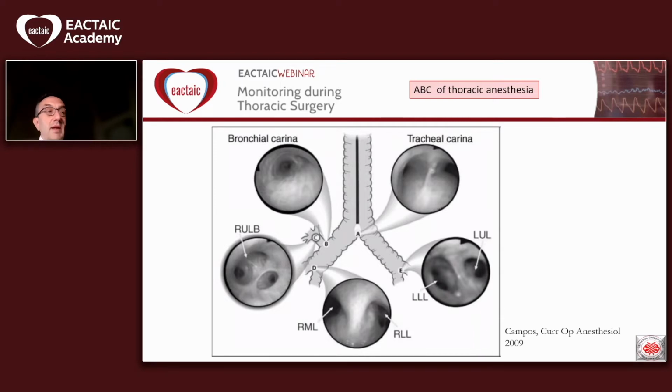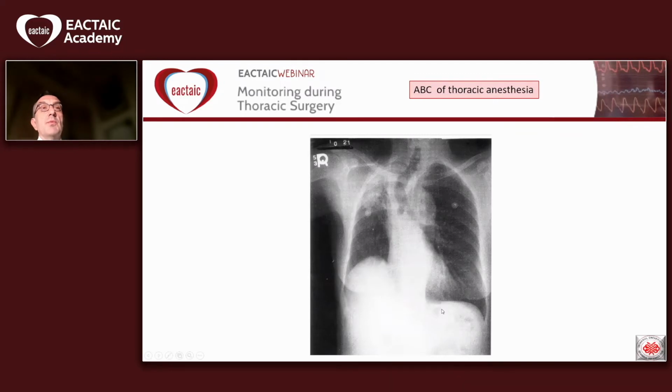Less experienced colleagues, I would say more common than expected, would say with this view that they would see the primary carina, and this confusion would lead to a totally misplaced double lumen tube. That's why we now often organize workshops for the fiber optic bronchoscopy to make people familiarized with the fiber optic bronchoscopy.